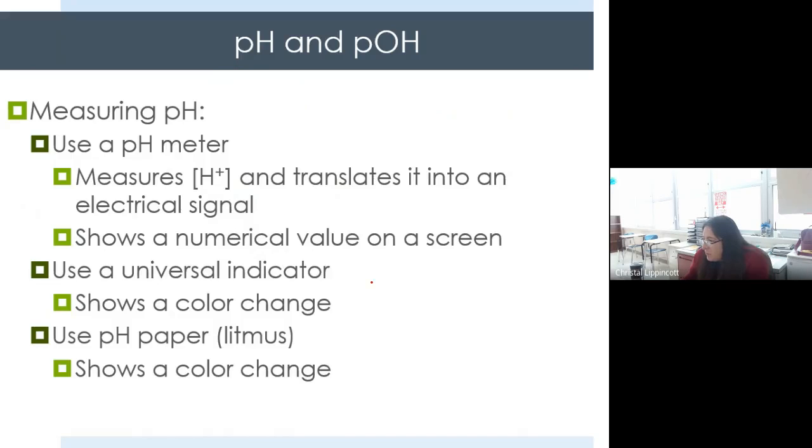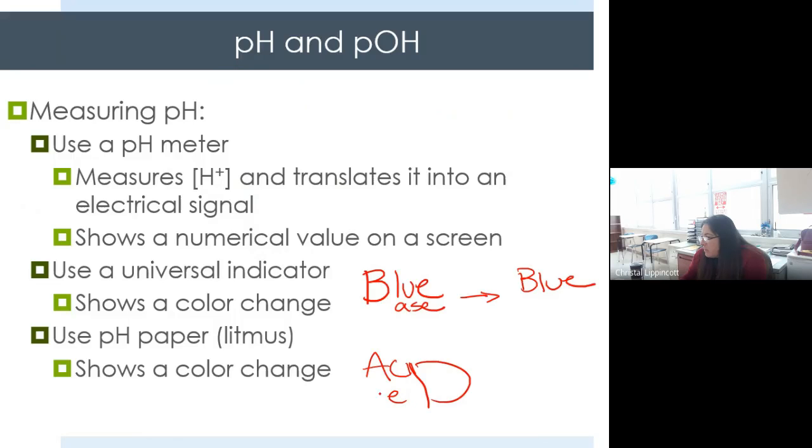So for litmus paper, the blue paper in the presence of a base will stay blue. In the presence of an acid, it turns red.